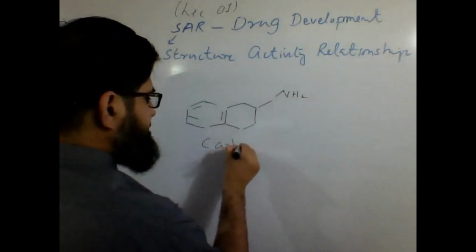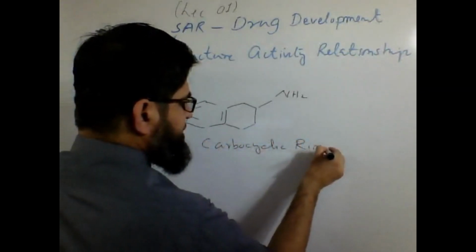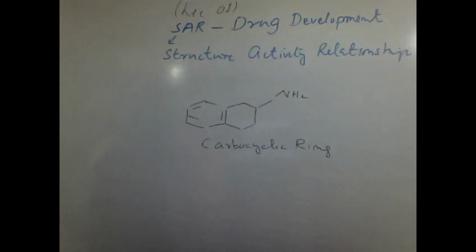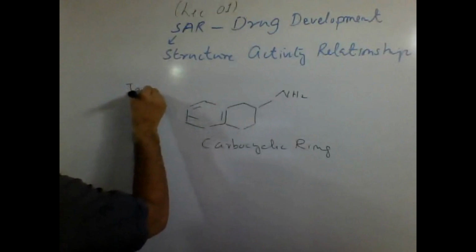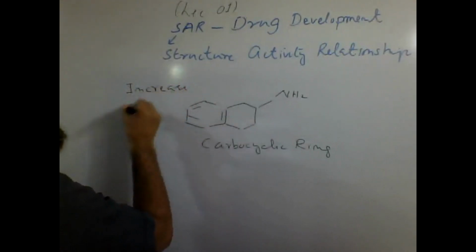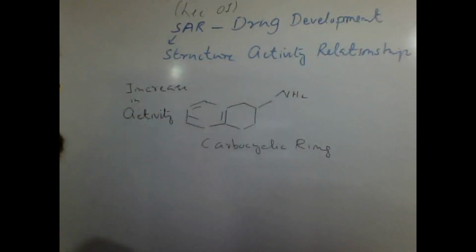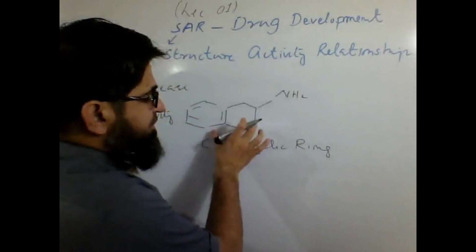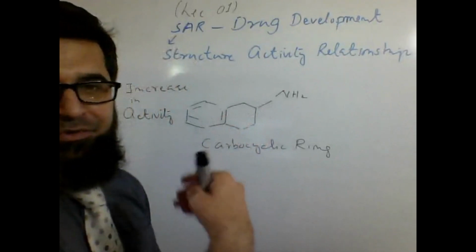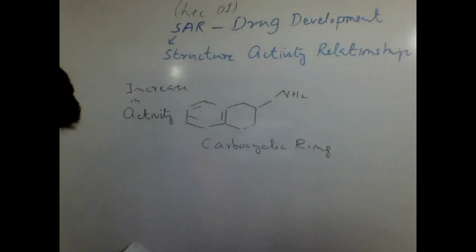That is carbocyclic ring, and this body showed increase in activity compared to the original one. Okay, so activity of this analog increased. It showed better activity compared to the one which does not carry a ring, the original one. So this has happened as well.